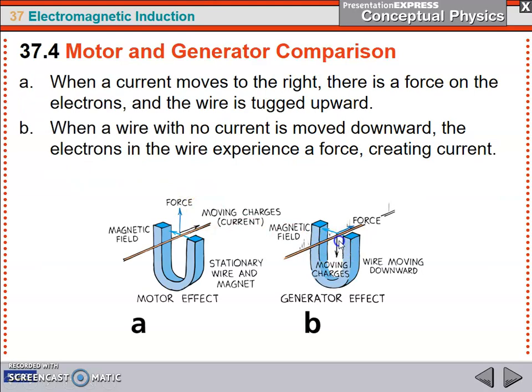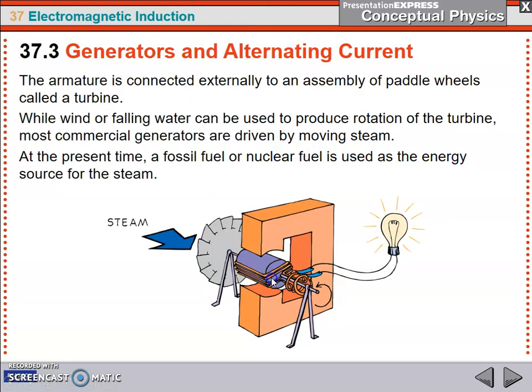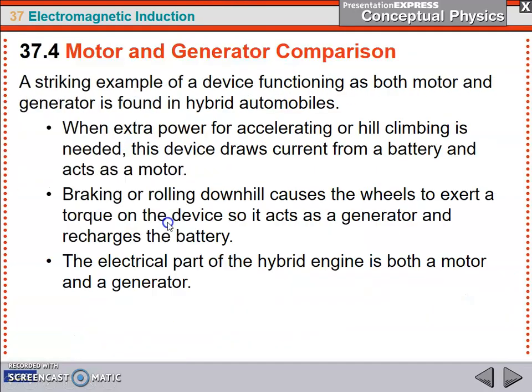Something like this. But when you need more power, instead of a light bulb, it's the battery, and the battery puts electricity in, and now it pushes this to go faster, and that drives the wheel. So now the car will accelerate faster.